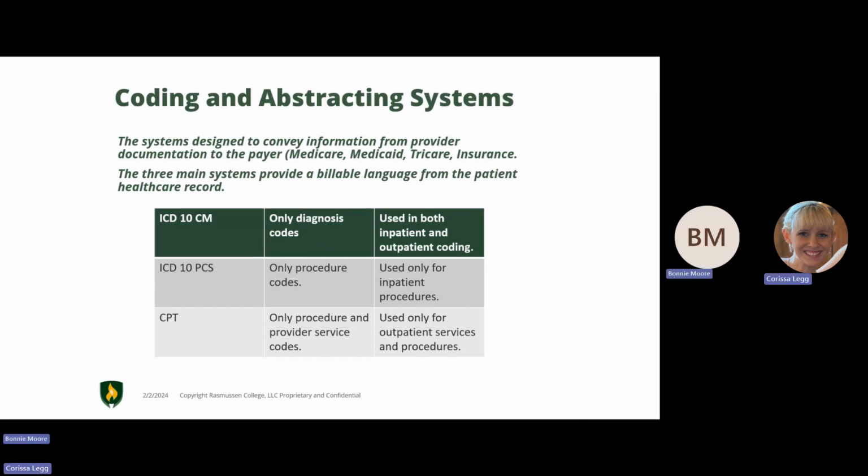The coding and abstracting systems is what we use in the coding and billing world. And bottom line, coding and abstracting systems basically get the bills paid for a facility, a provider, surgical center, hospital, home health care, ER, any of that type of patient care.